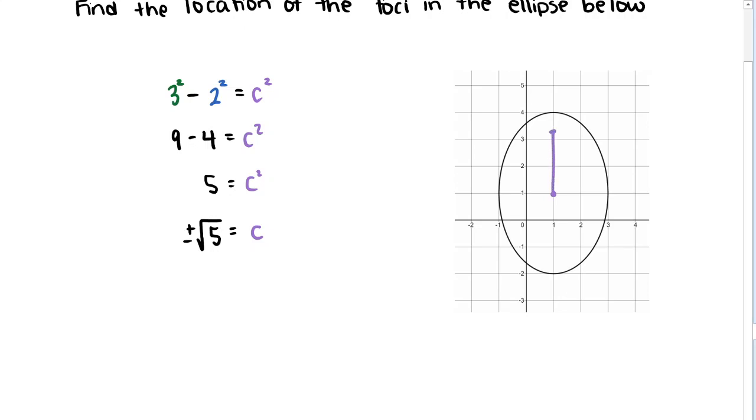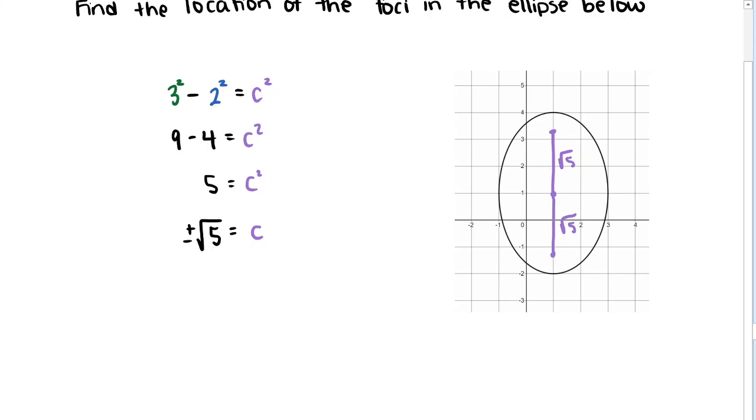So maybe here, this distance is the square root of 5, and if I look downwards as well, a little more than 2 units, with this distance being the square root of 5, we get our foci. And the idea is that the distance between any point on the ellipse and these 2 points, if we add them together, we're going to get the same result every time.